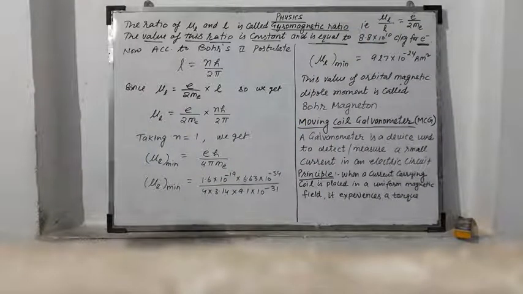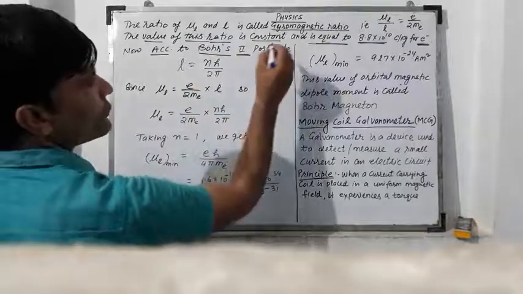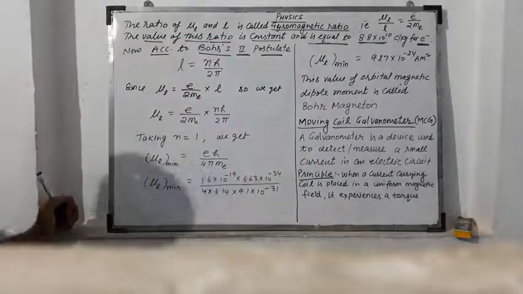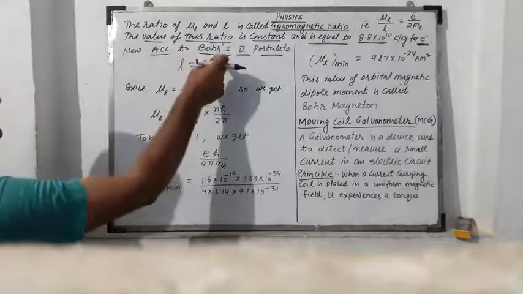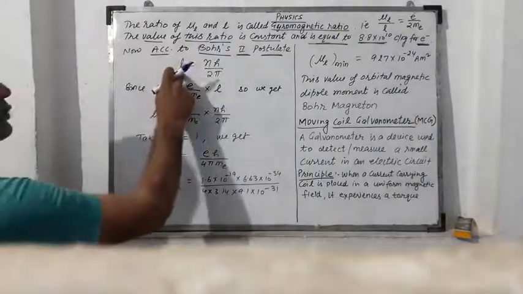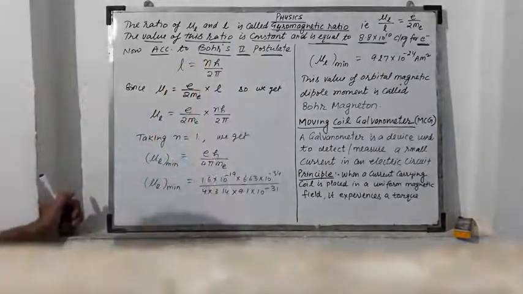Now, according to Bohr's second postulate (Bohr has three postulates), angular momentum is an integral multiple of h upon 2 pi. So angular momentum L is equal to nh upon 2 pi.